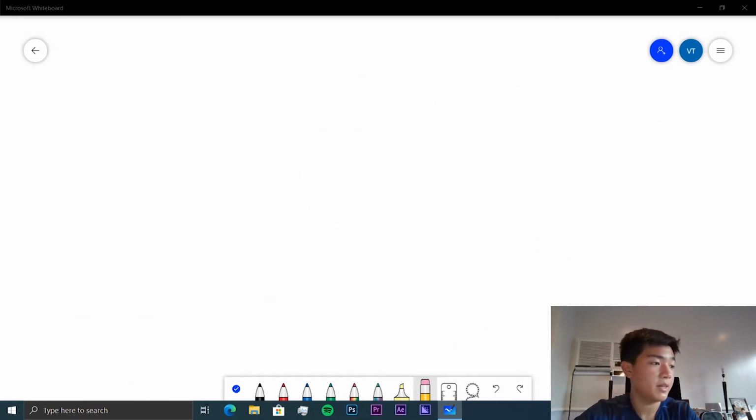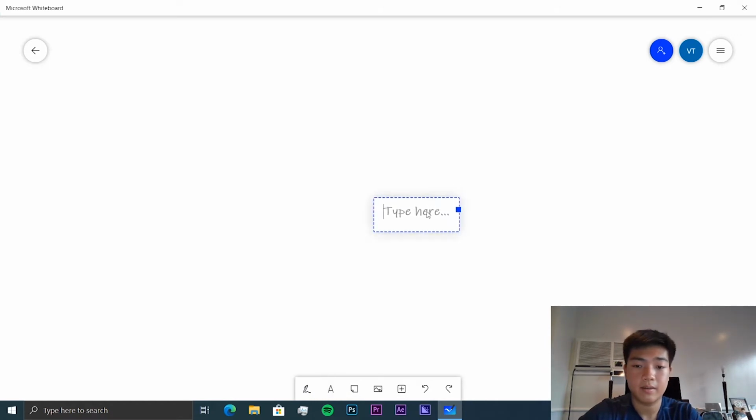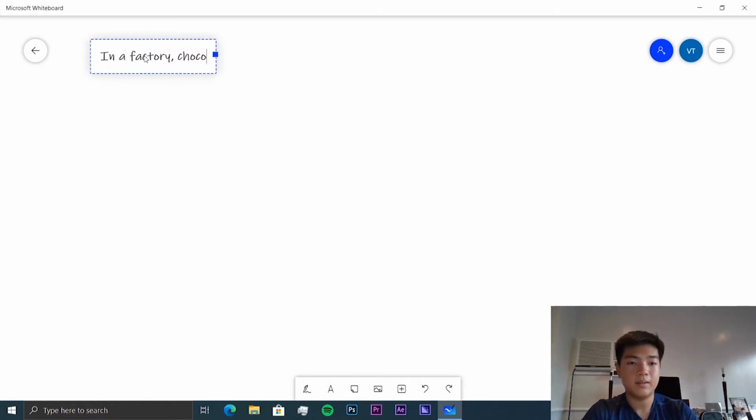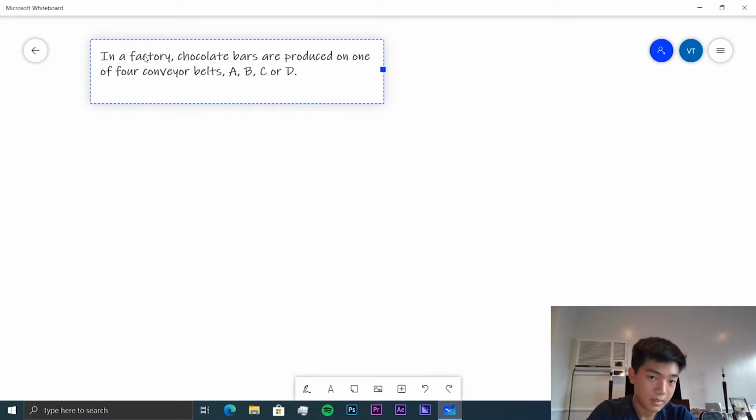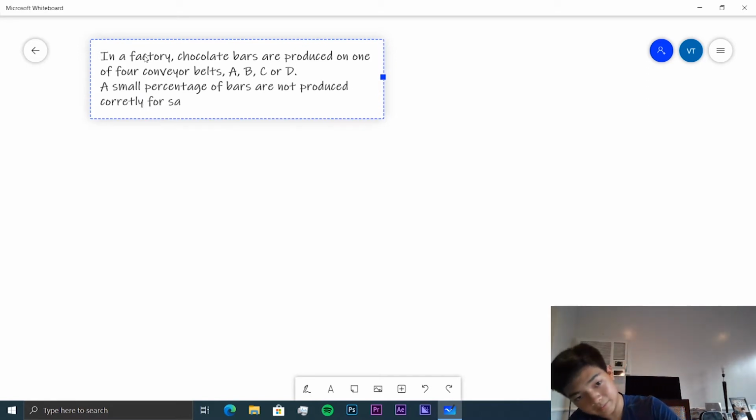And the next one we have in a factory. Chocolate bars are produced on one of 4 conveyor belts, A, B, C, or D. A small percentage of bars are not produced correctly for sale.